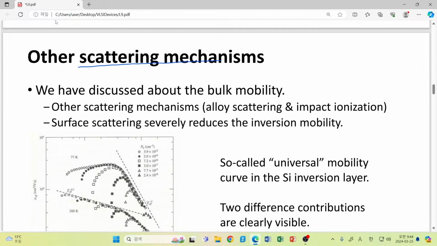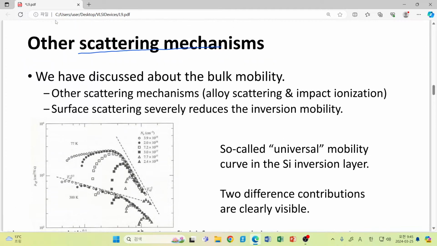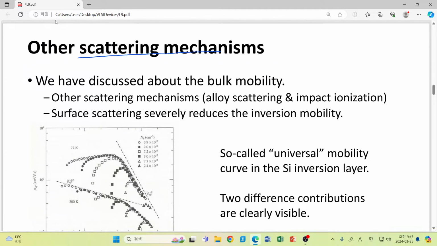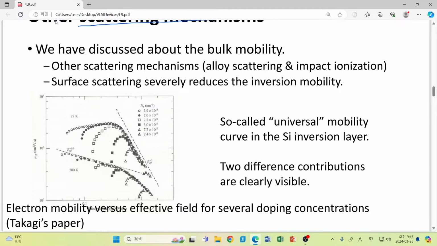However, these other scattering mechanisms are so important that I cannot finish them within one slide. We will revisit this effect once again later when we consider MOSFET. This is nothing related to bulk material, but when we introduce the MOSFET structure, then we have to introduce other scattering mechanisms. So that is shown here.